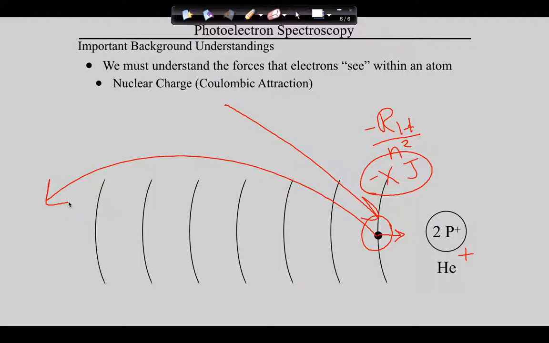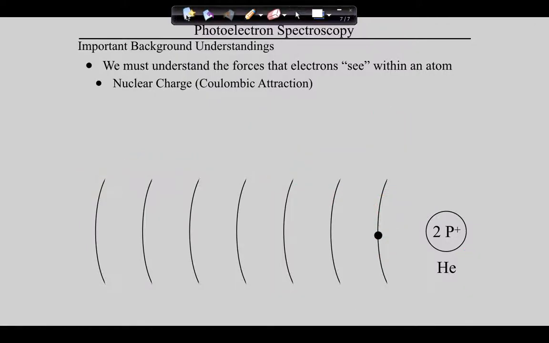So we're talking about this 1s electron. If we go back to a hydrogen atom, so this is one proton, we can figure out how much energy it takes to get rid of that electron, because that's equal to the energy the electron possesses, which is given by this equation. If we add that much energy, the electron's going to go away.